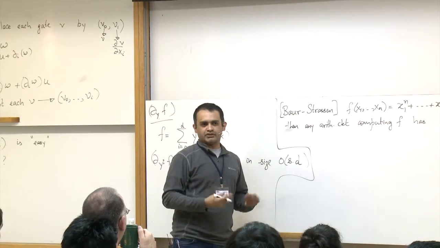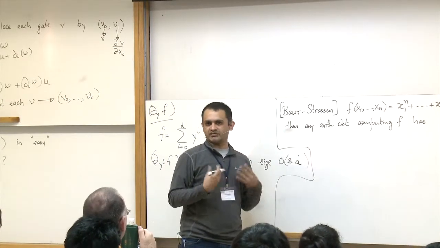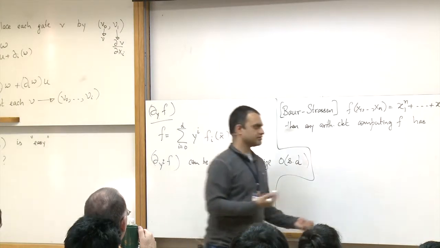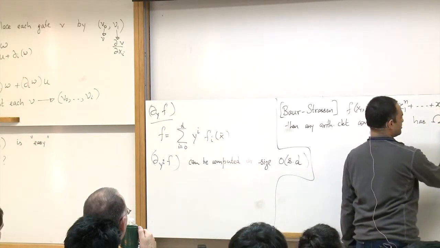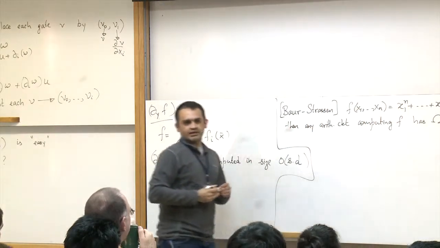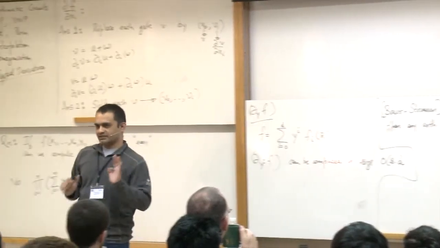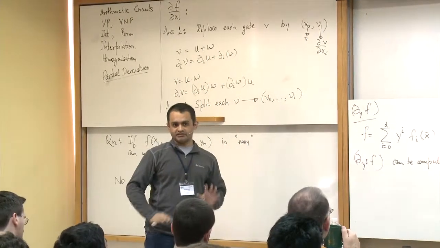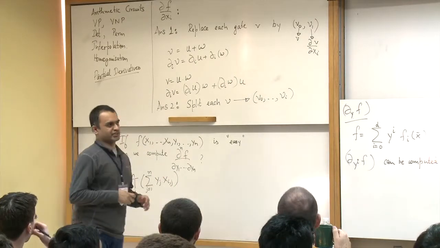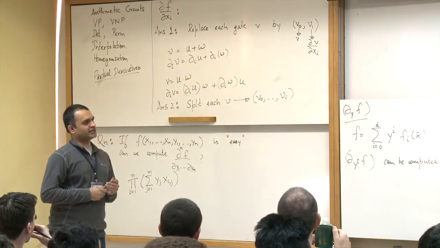Each x to the n, you can do by repeated squaring. The number of edges you will need will be like log n, and you can just add up each of the guys. And this is the only general arithmetic circuit lower bound we know of till date. We are hoping that at some point we'll prove VP different from VNP.